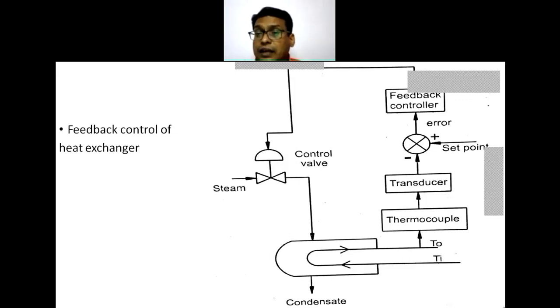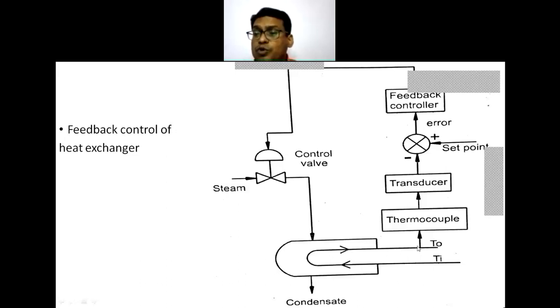Then the heat exchanger. In a heat exchanger, the process fluid is entering at an inlet temperature of Ti, and it is leaving at a temperature To. Controlling this outlet temperature is my purpose.